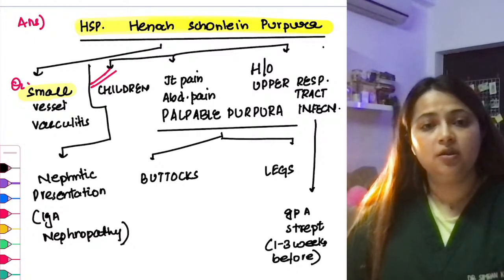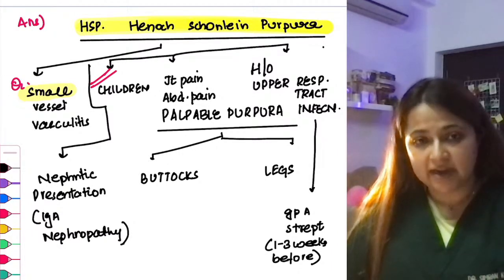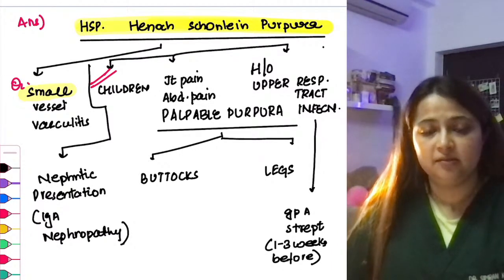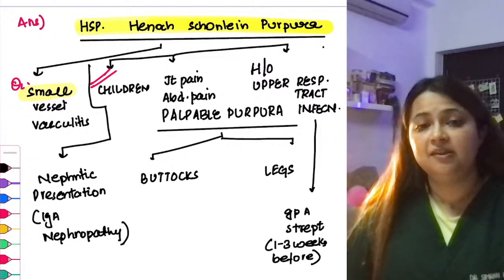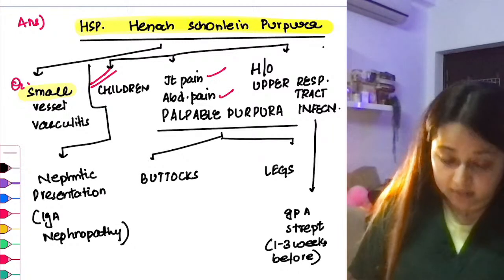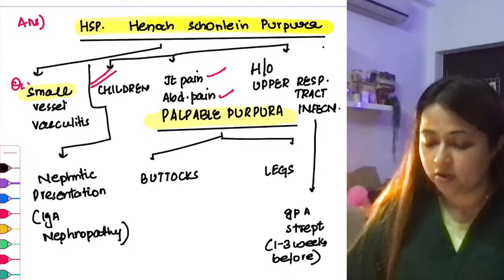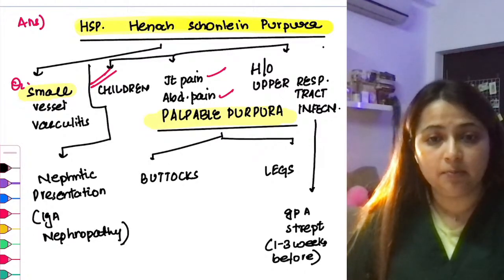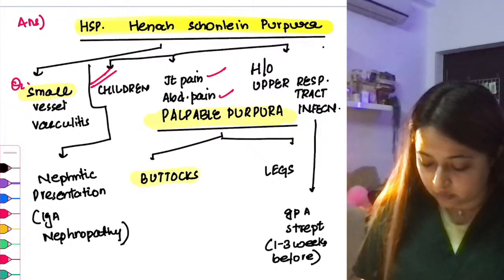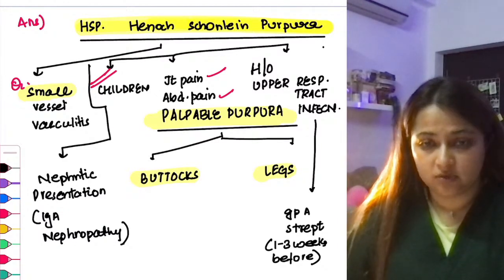In fact, they could also give you this as an emergency situation, where the child came to the emergency room with severe abdominal pain. Now, joint pain, abdominal pain, and the most important, palpable purpura. What are the common sites? Buttocks and the legs. And in this picture, you were seeing the palpable purpura present on the legs.